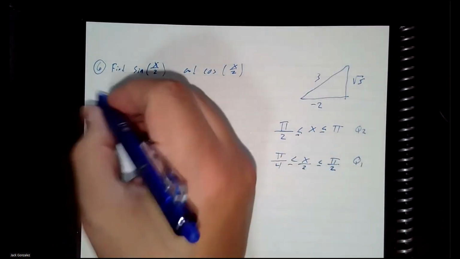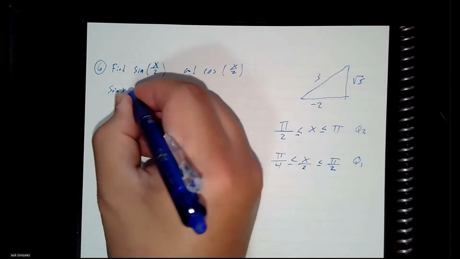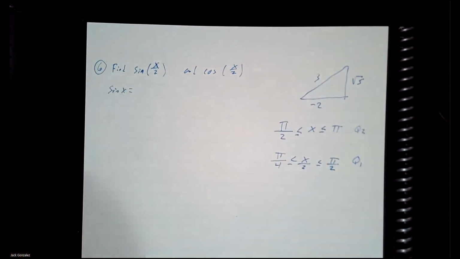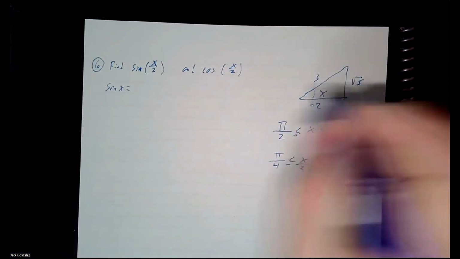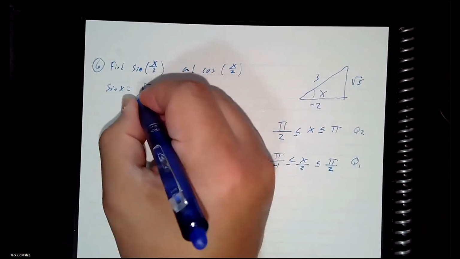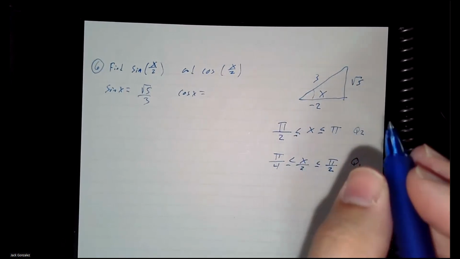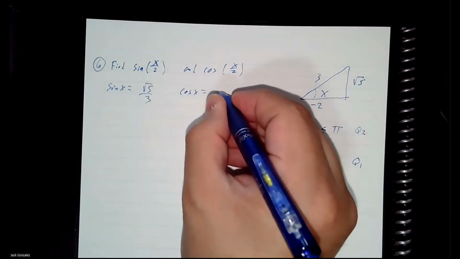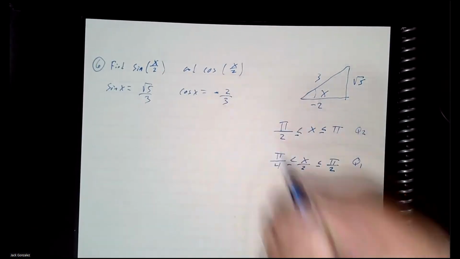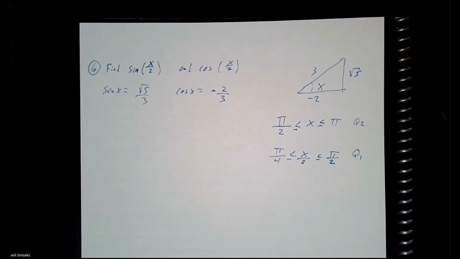Okay. Also, we found sine x earlier, same stuff. Assuming that x is right here, sine x is square root 5 over 3, and cosine x is negative 2 over 3. Now it was given, right?